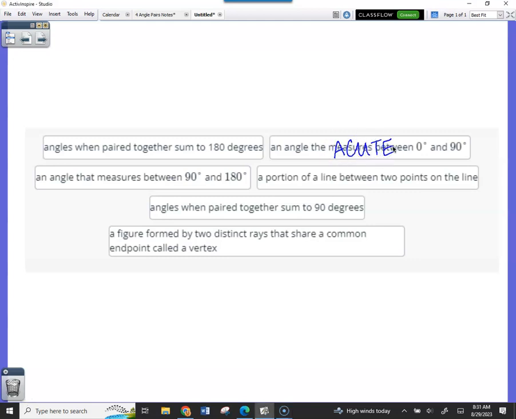Remember we said acute, small. If an angle measures between 90 and 180, it's obtuse. Remember we said, think of when you say the word obtuse, you open your mouth bigger than you do when you go acute, right? So it's the bigger angle.